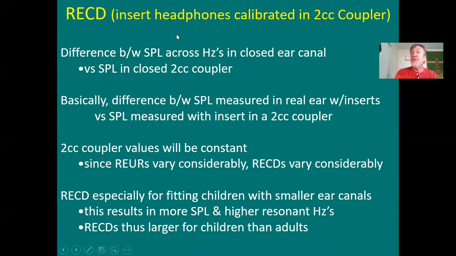Real ear to coupler difference. Insert headphones are calibrated in a 2cc coupler, just like hearing aids are measured on a 2cc coupler. And basically, this has got way too many words on it, so it's kind of boring, really. But 2cc coupler values are constant, okay?